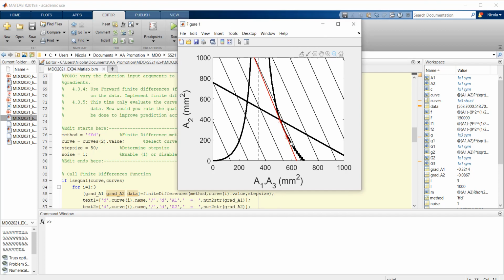But the key is always to filter out the noise. The key is always to make the step size bigger. You shouldn't make it too big because then it becomes, well, kind of wrong again. Or let's say inaccurate. Wrong is the wrong word. It becomes too coarse. So more inaccurate, because you only want to smooth over the noise. You don't want to smooth over the whole function.